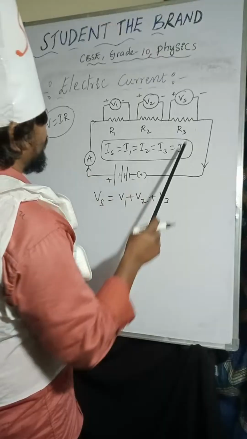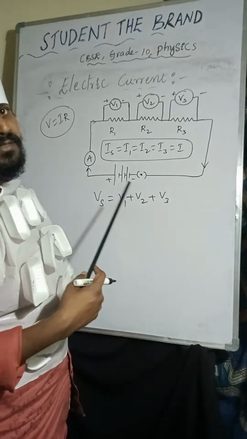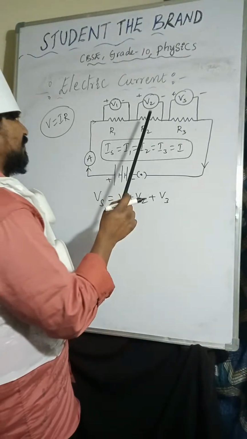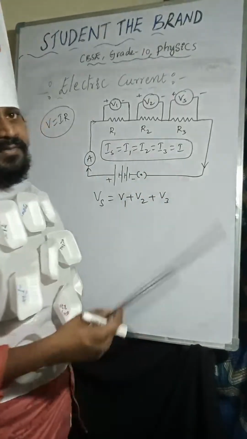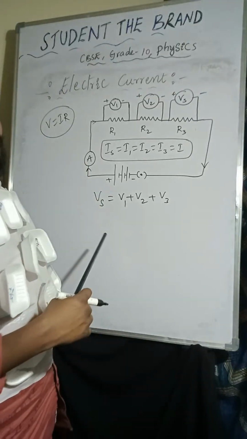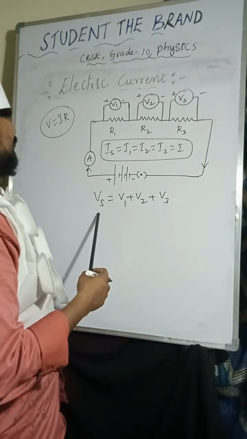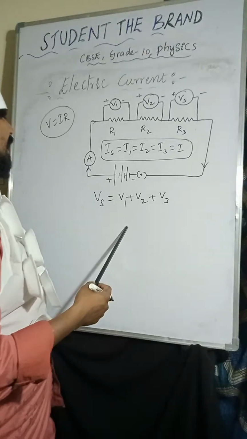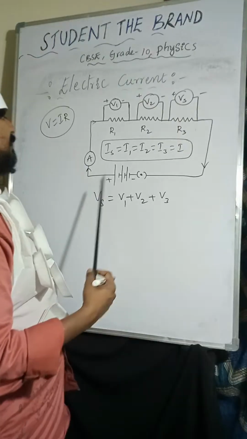Current is the same throughout the circuit, whatever current is flowing, the same current flows throughout. But the potential difference across R1 is different, across R2 is different, across R3 is different. So from Ohm's law we can take V equal to IR. Equivalent potential difference in series combination, we can also write V effective, V equivalent, V series. So Vs equal to V1 plus V2 plus V3.